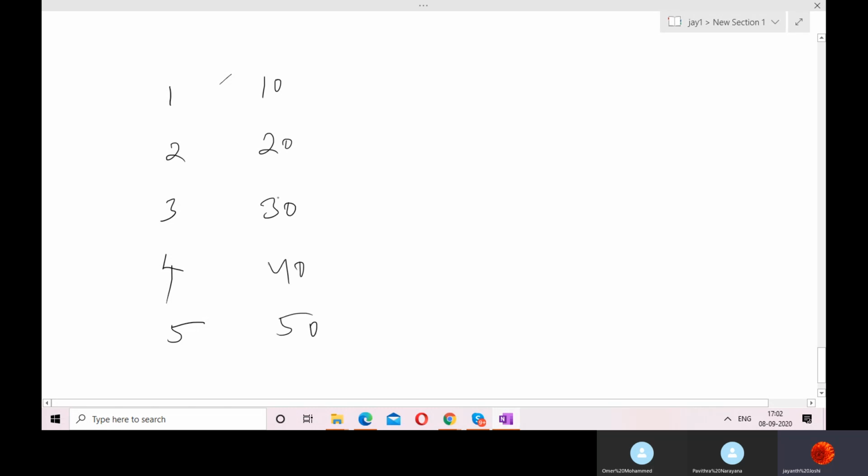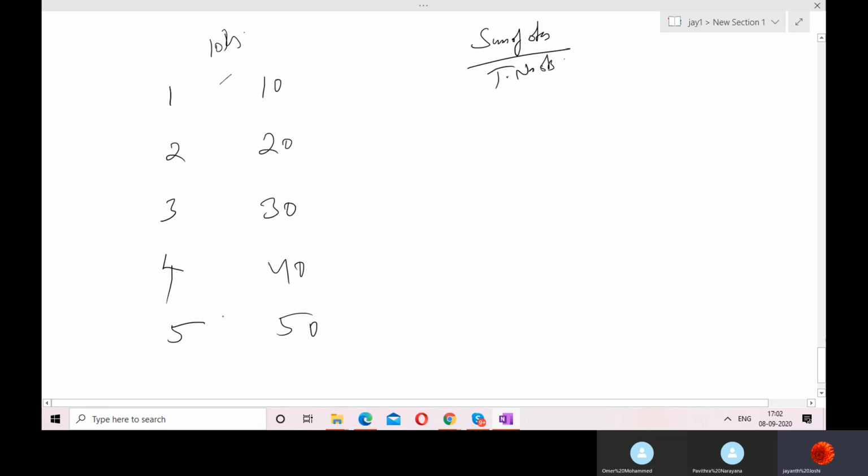So per item the price is 10 rupees, understood fact. So what is the average revenue of this? Average revenue is nothing but, what is the formula for average? Sum of the observations divided by total number of observations.